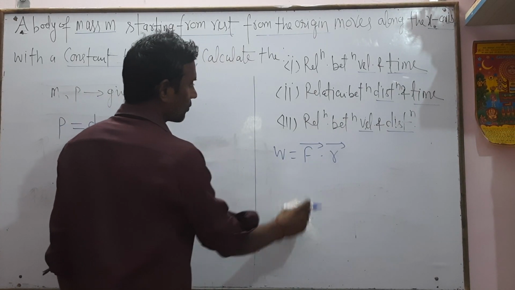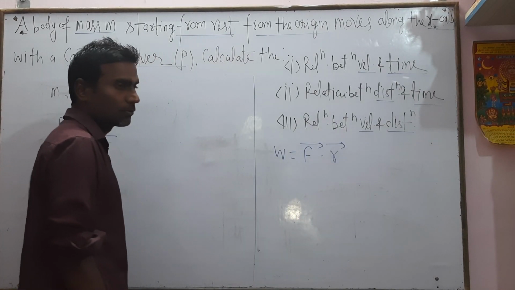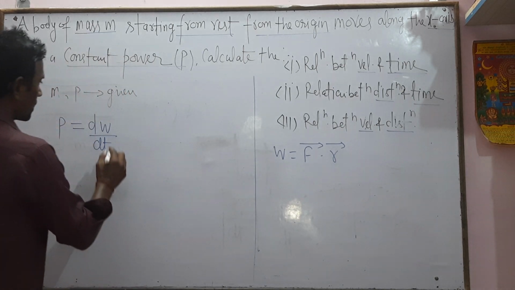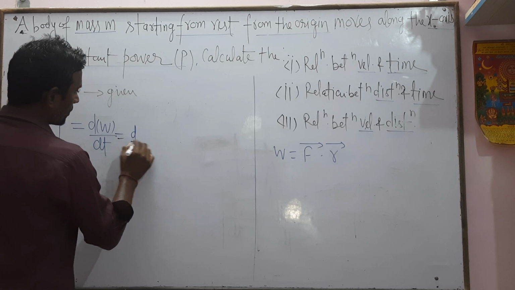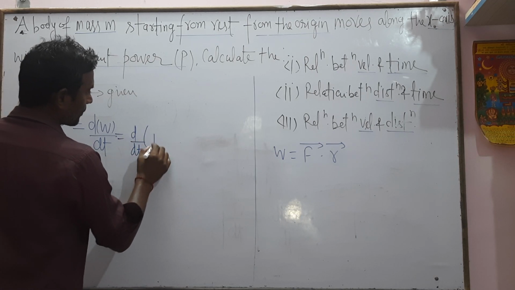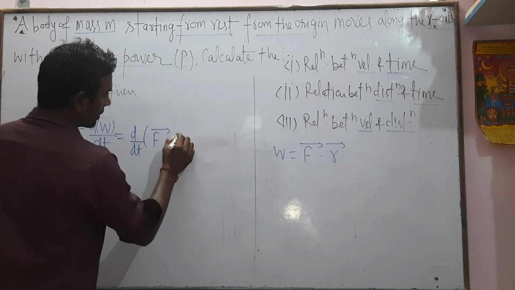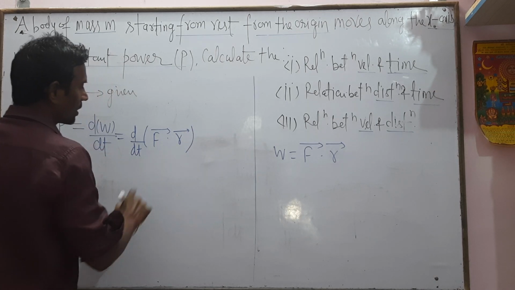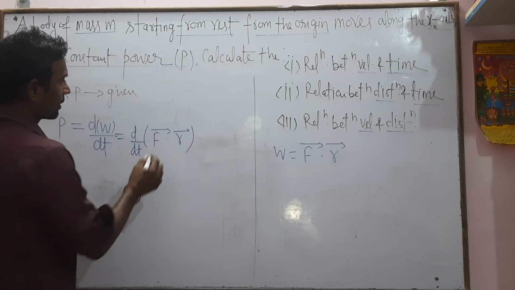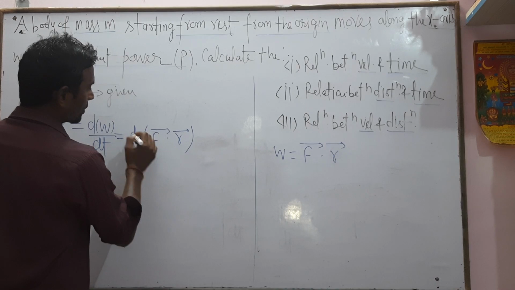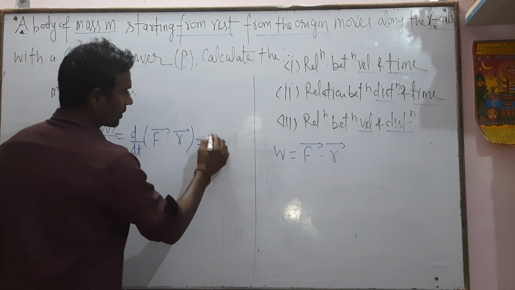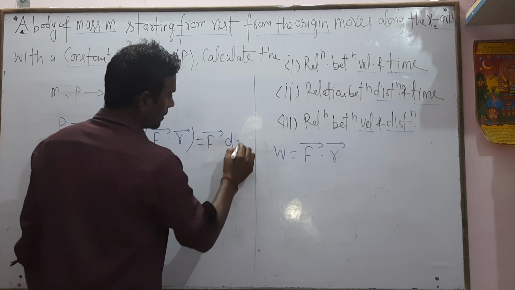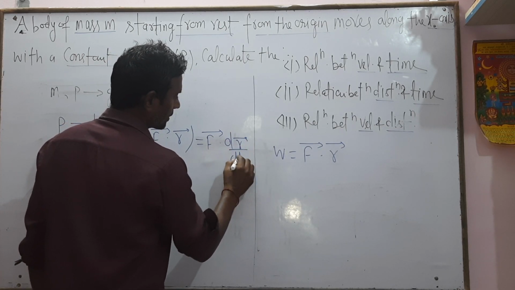If the force is constant, then in place of work we can put d by dt of F vector dot r vector. Since force is constant, we can pull out the force, and the rate of change of r is the variable. So we get F dot dr by dt.